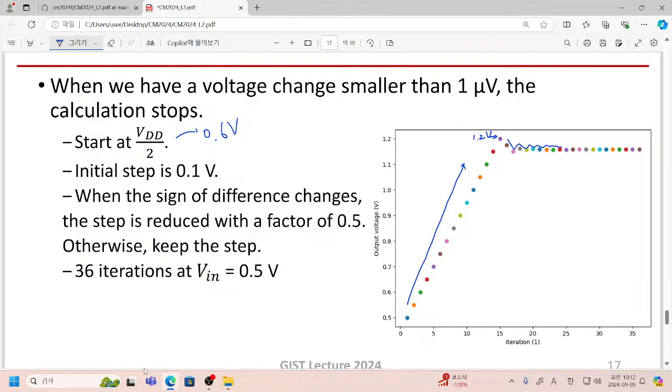Now the change is almost invisible at our scale, but it is still fluctuating in between, and finally we end up with this point.